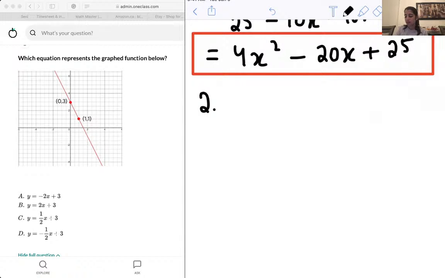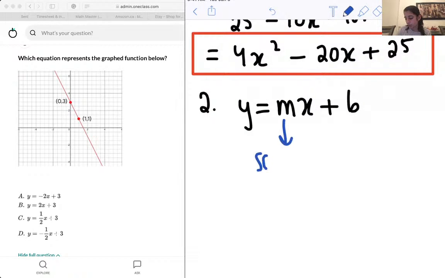So I'm just going to write the equation of a line, which is y equals mx plus b. m, as we all know, is the slope of a line, and we can calculate this by using y2 minus y1 over x2 minus x1.